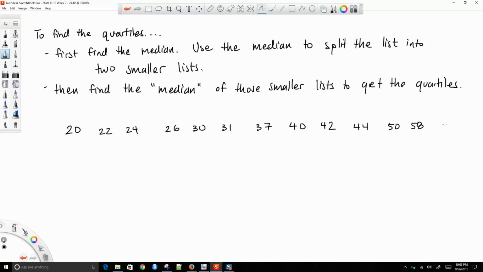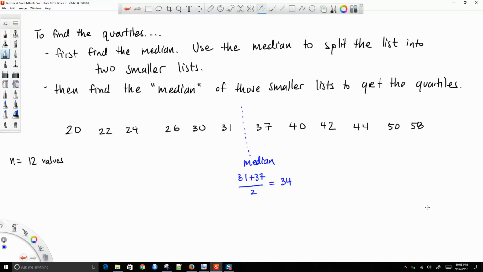I have a total of n equals 12 values. So the median is going to be the spot where I split the list into 6 greater and 6 smaller, right? So the median will be 31 plus 37 divided by 2. I get a median of 34.